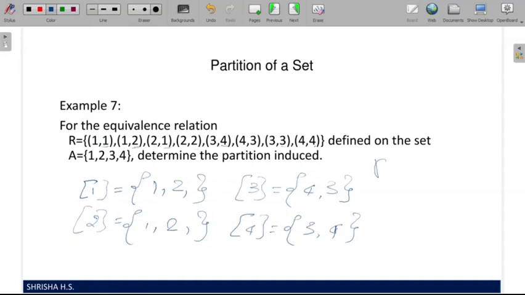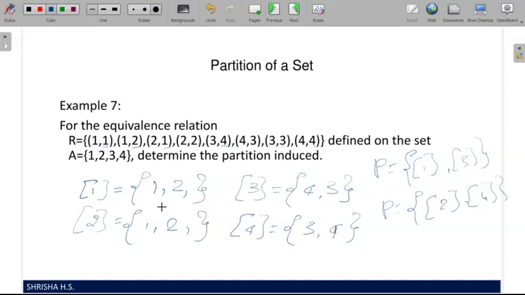So we can partition our relation R. We can write it as the partition set of 1 and the partition set of 3, so 1, 2, 3, 4. Or you can write the partition set of 2 and the partition set of 4, or the partition set of 2, 3, 1, 4.